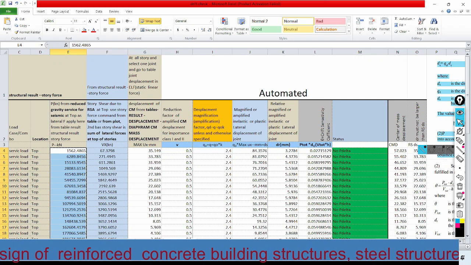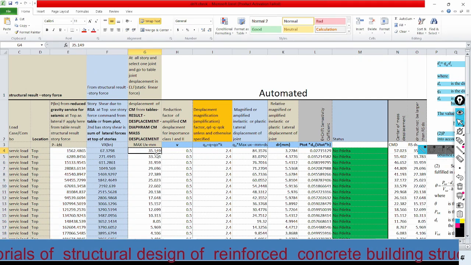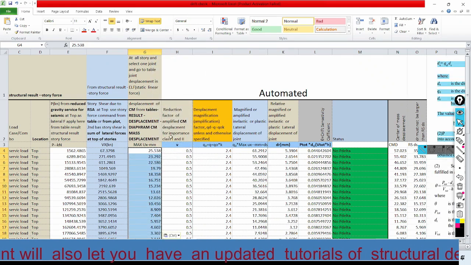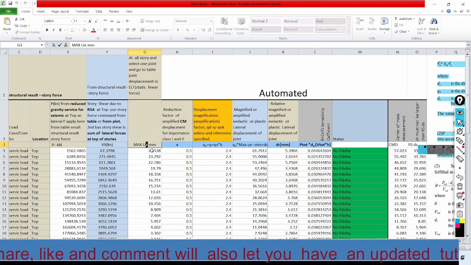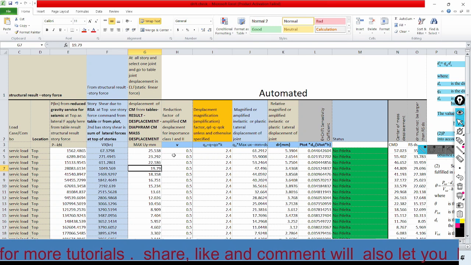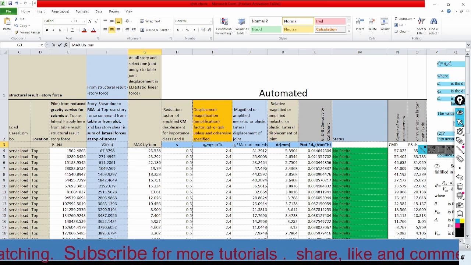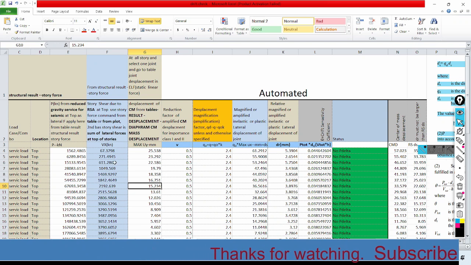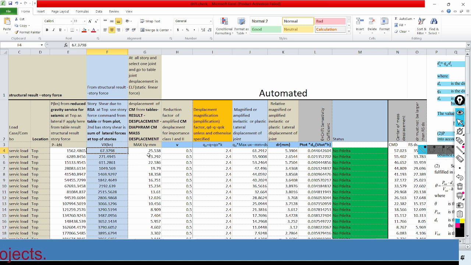That means this value. This is y, that means y positive. I've already copied this one and this one. Okay, Vy.